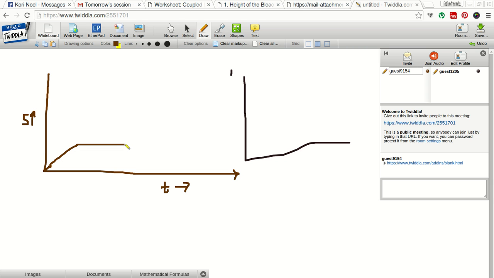Wait. Does something like this explain the problem? If I say instead of distance on this axis, I take this to be velocity.